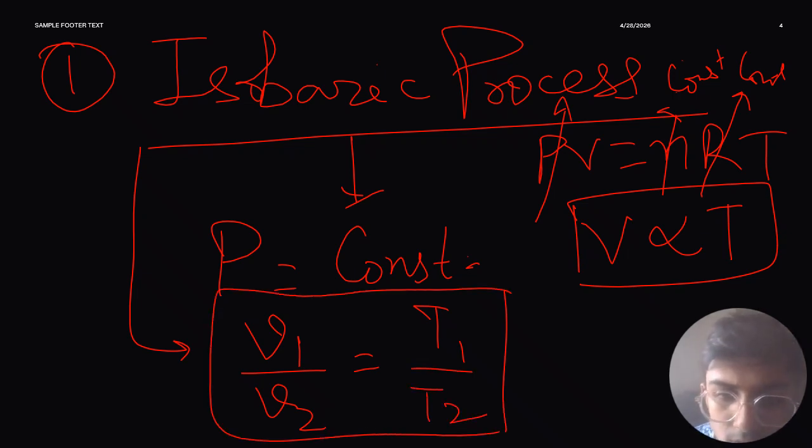Now talking about graphs. Next slide I'll show you the graphs.